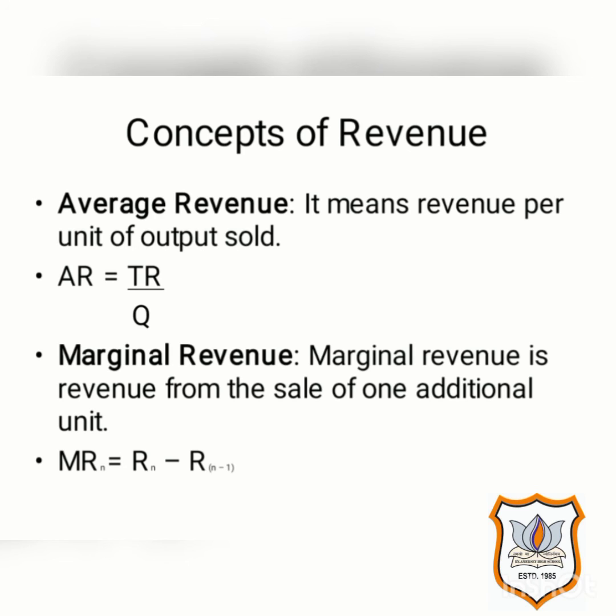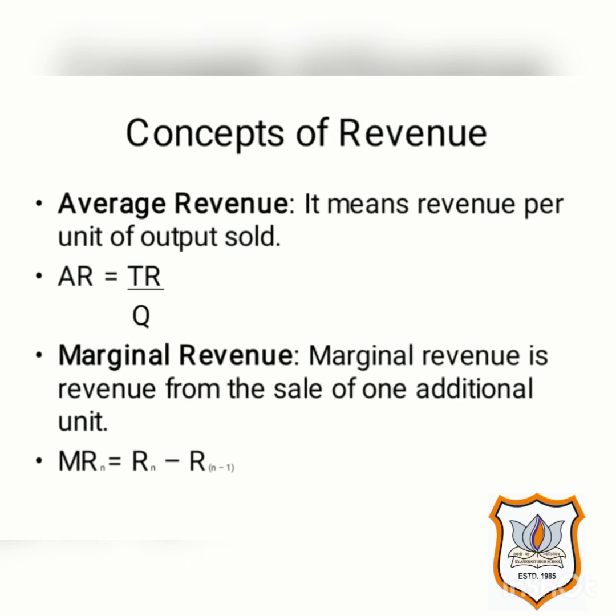The last one is marginal revenue. Marginal revenue, just like marginal cost, is the change in total revenue which results from the sale of one more unit of a commodity. That means marginal revenue is the revenue from the sale of one additional unit. When we sell one additional unit, whatever is the change in the total revenue due to that is said to be marginal revenue.